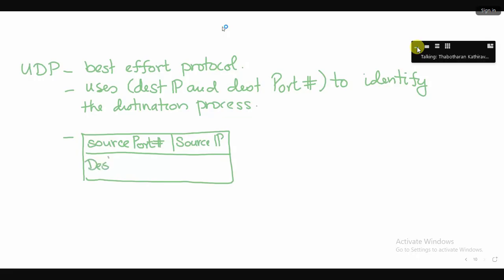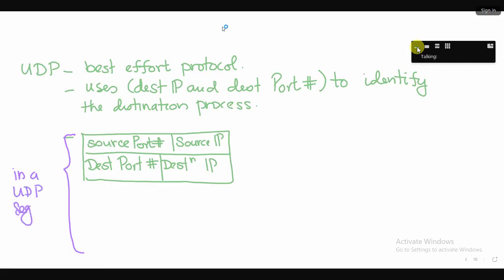Similarly, the destination port number and destination IP address. They are used, and in addition to this, a few more pieces of information could also be used.